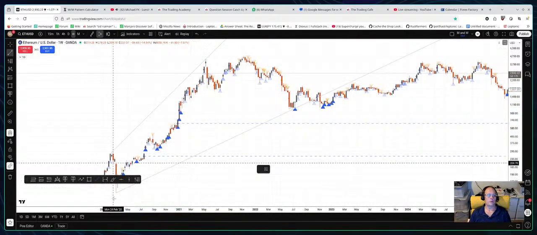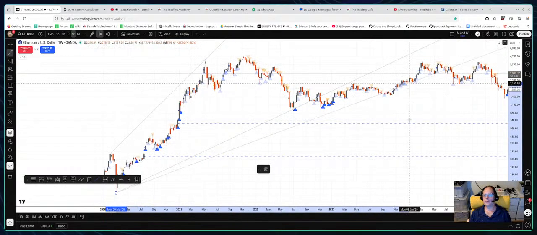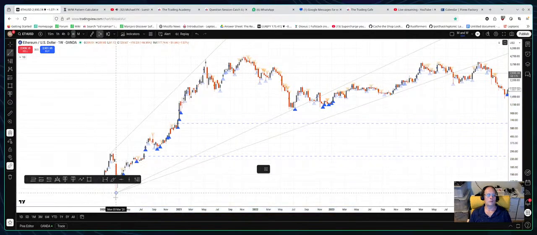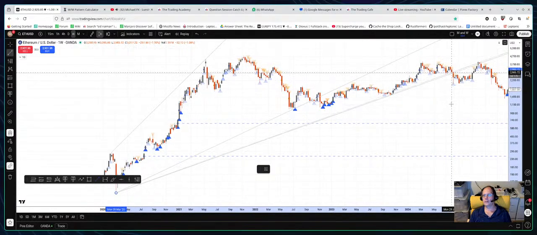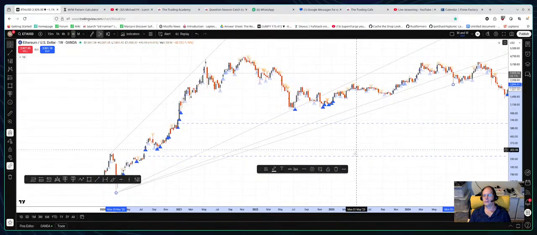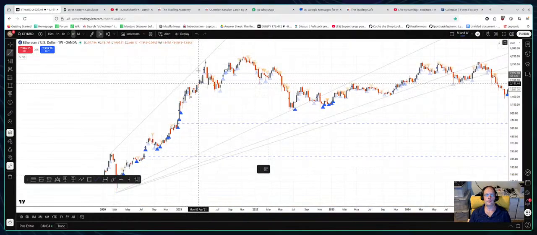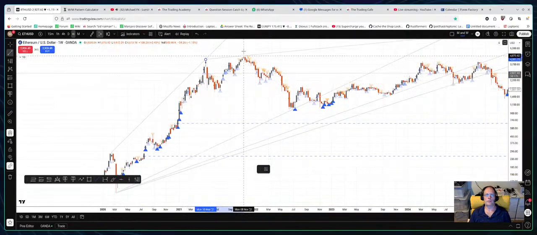This can probably connect with that, maybe. So they said in the class just connect significant lows with other significant lows and significant highs with other significant highs. So that's a pretty good one there.